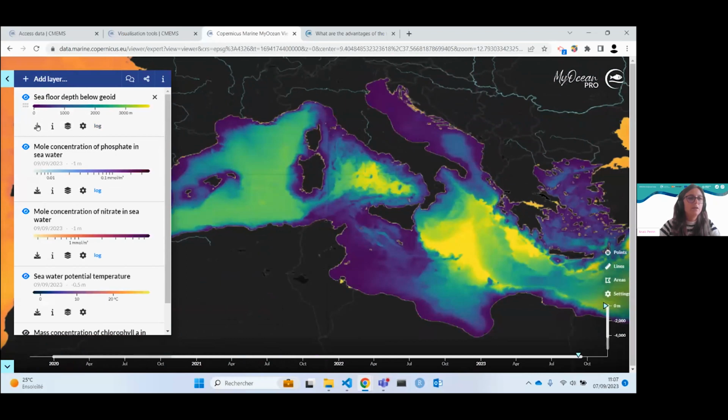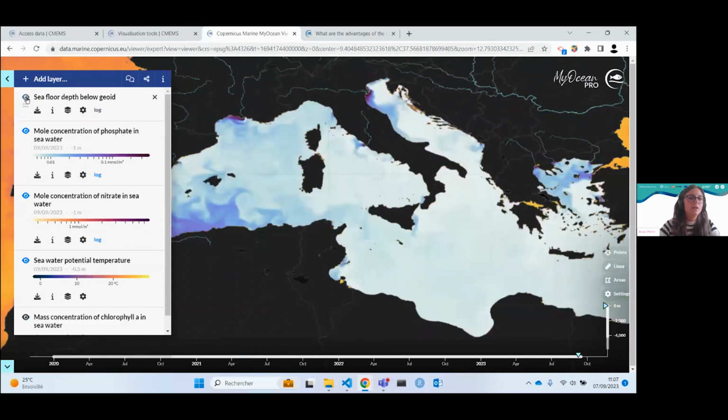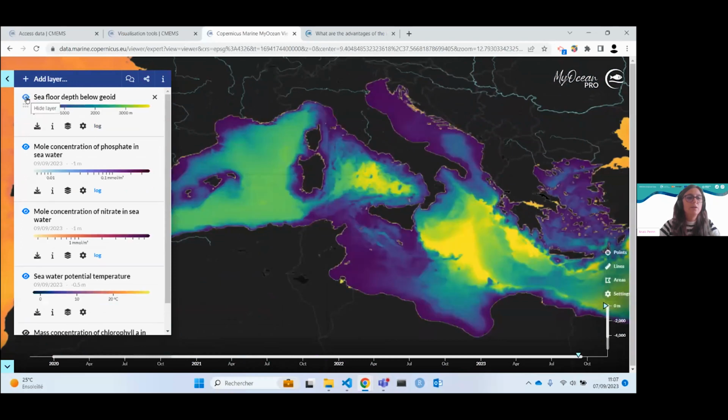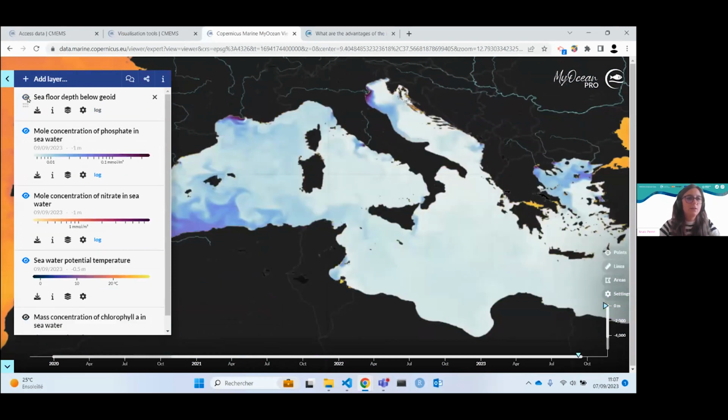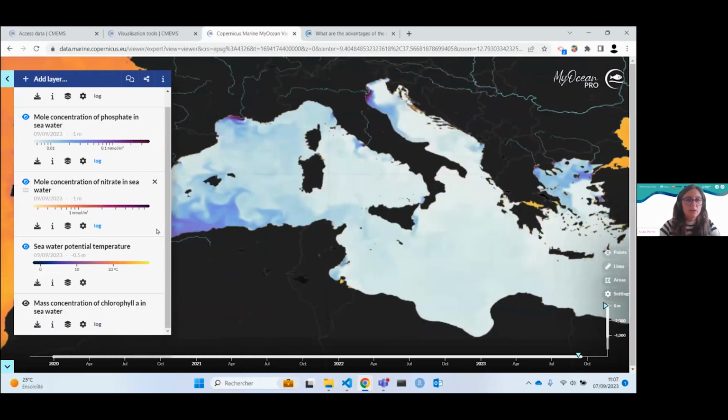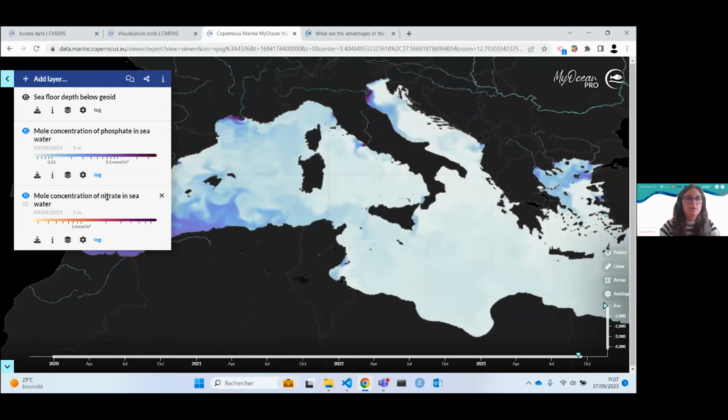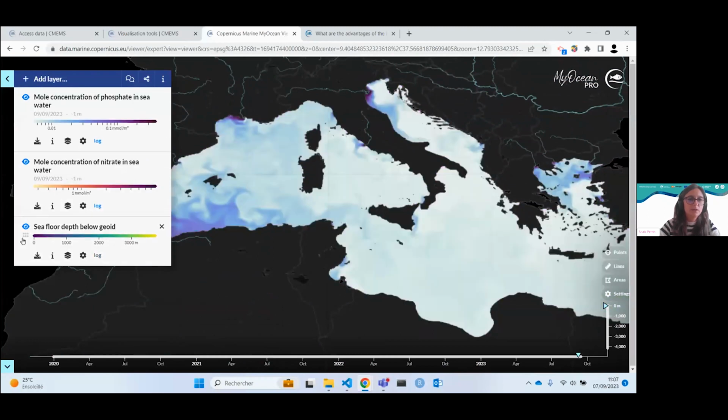And you can choose to hide a layer or not by clicking on the eye. I will close the last two layers here. All right, so we have the phosphate, the nitrate, and the seabed. Let the seabed down.